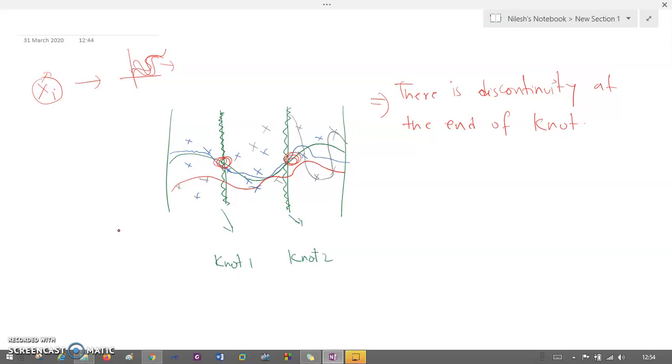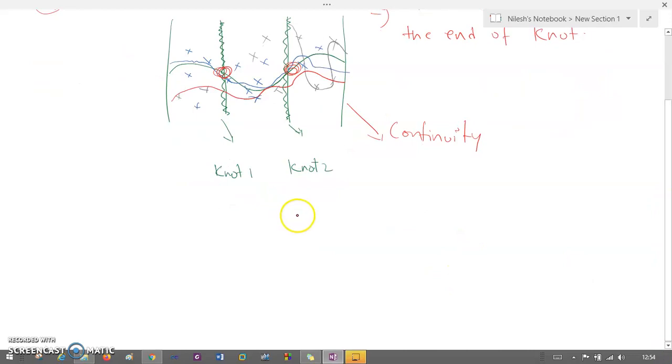Okay, so let's say I remove the condition for discontinuity and try to resolve it. If I resolve it like this, and I now use continuity at the end, then the graph that I will get is going to look like this.